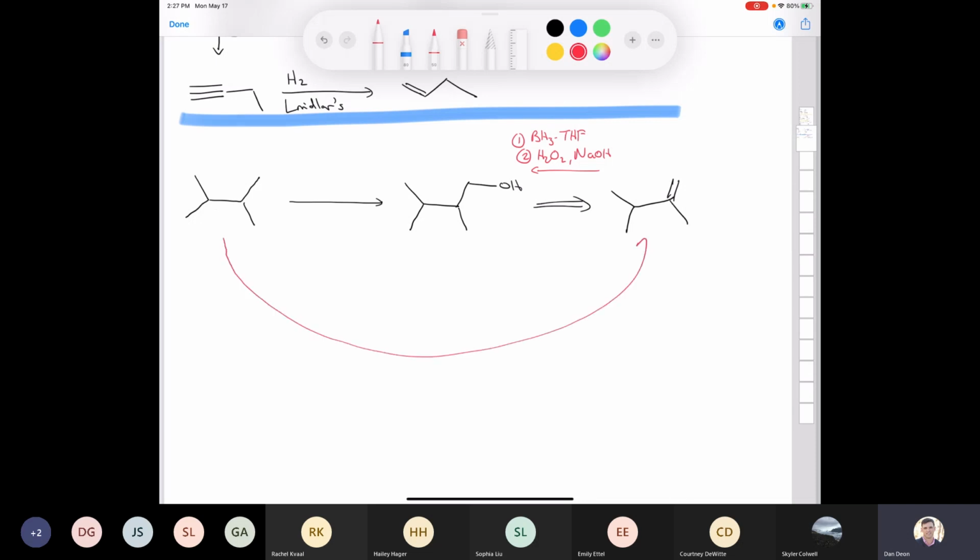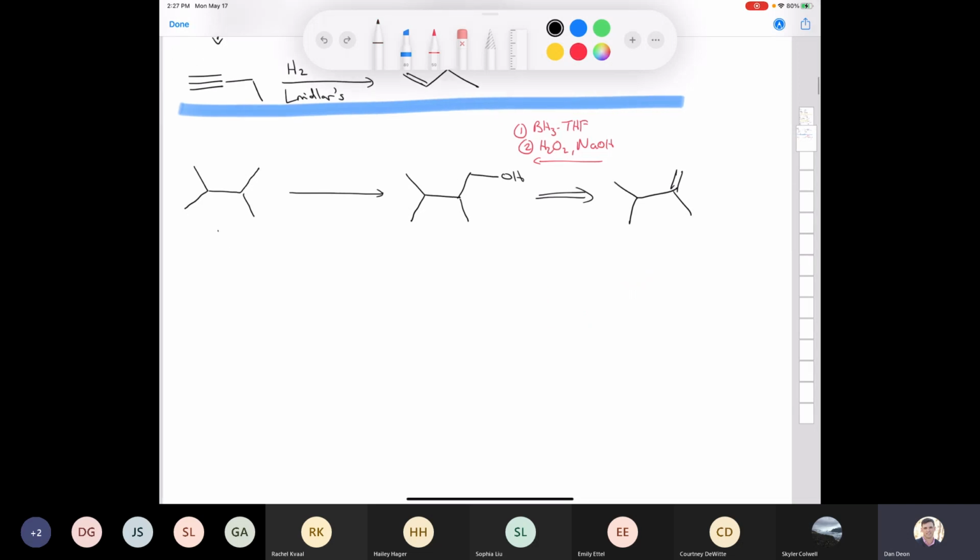So then the question becomes, well, how do I get from here to here? Well, hopefully you remember that the only possible reaction you can do with the first compound is to treat it with bromine and light or heat. So we'll put light, electromagnetic radiation, which would give us this compound, where we have the bromine on the most substituted carbon.